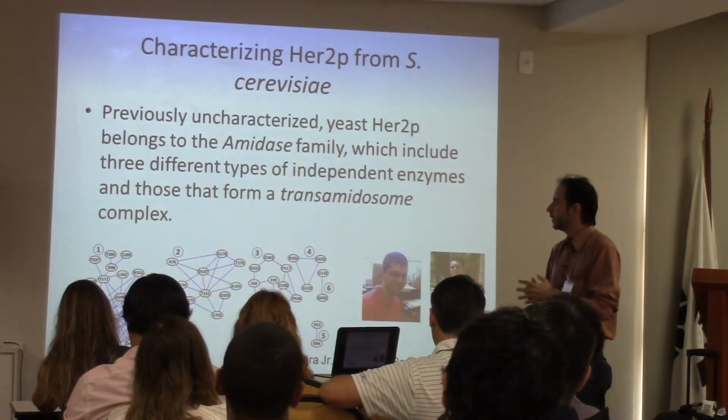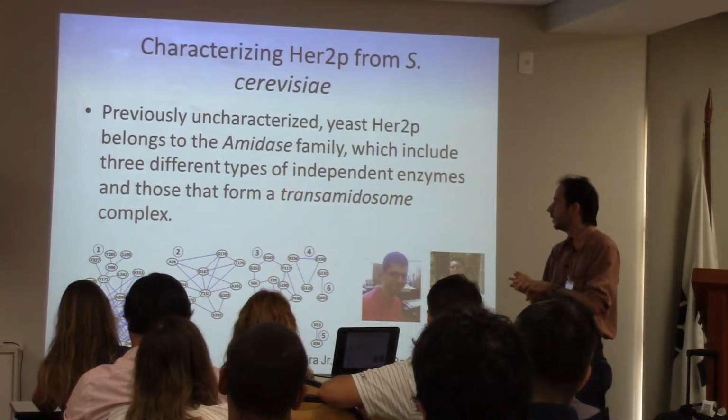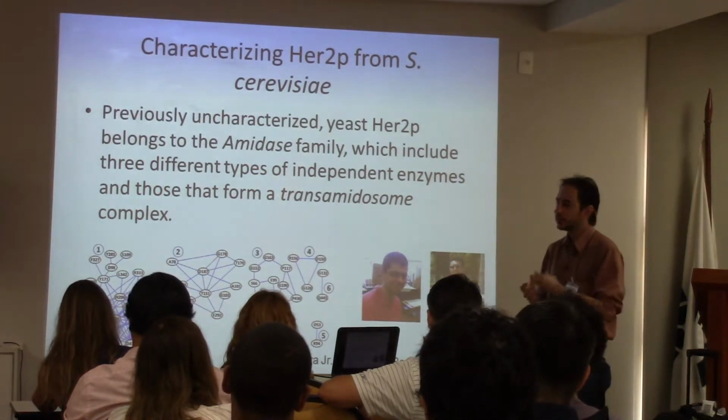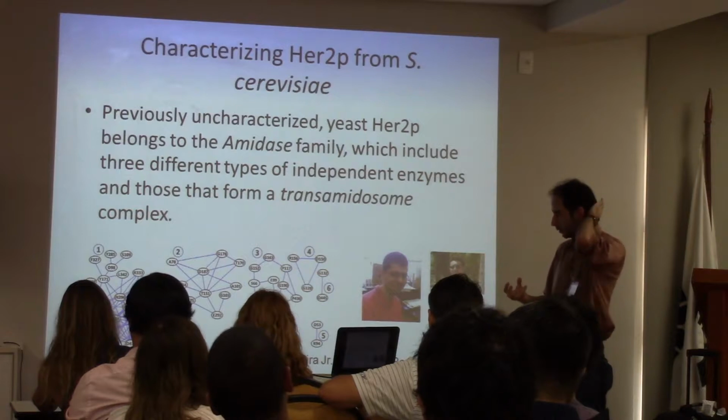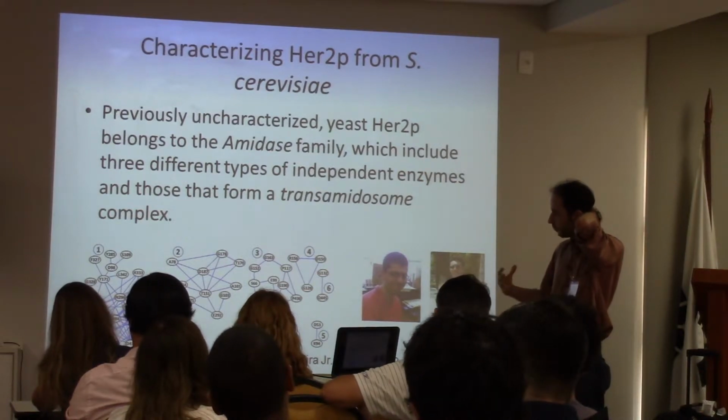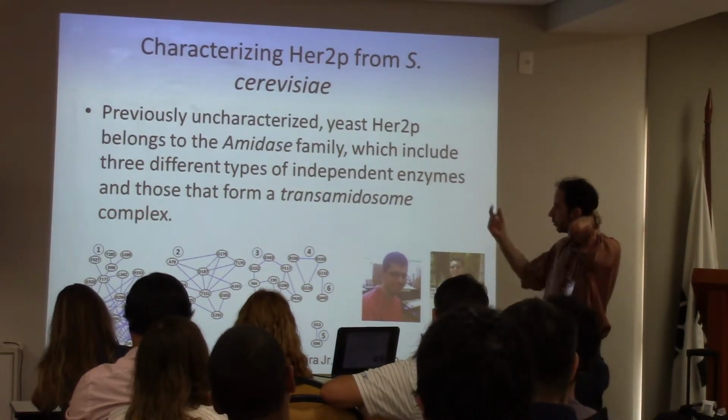So we see three different types of independent enzymes in this protein family, and there are also some of them that do not catalyze a given reaction, but are part of a complex called the transamidosome.